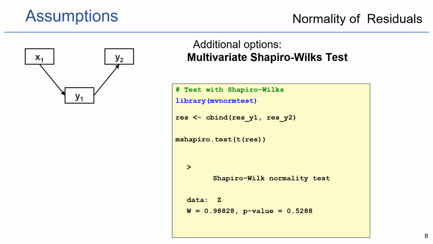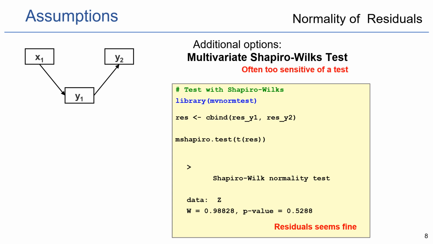And in the next slides, we will talk more about what is a multivariate normality. So we can say that our results here show that the p-value is higher than 0.05. And this means that the distribution of our residuals are not different from the normal distribution. So we can say that we can assume the normality here.